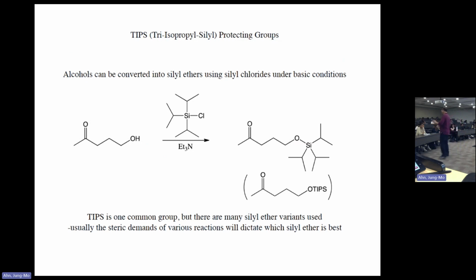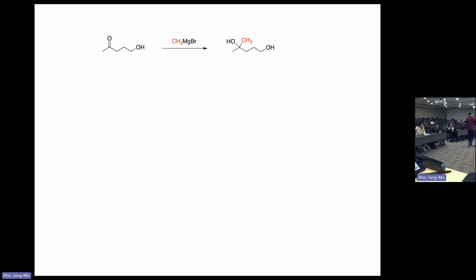There are so many variants available. But these particular ones are called tri-isopropyl silyl, TIPS. A very common protecting group we use. When you have an alcohol, just treat it with the TIPS chloride, and then the alcohol becomes a silyl ether. Then basically you can go for the same reaction we talked about.